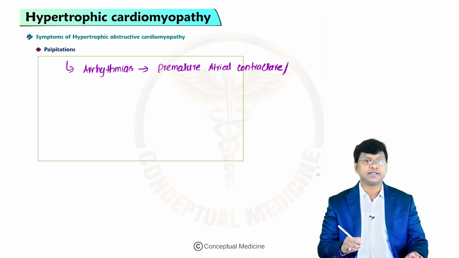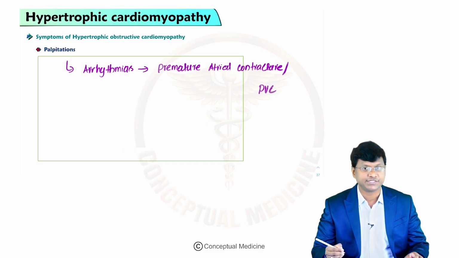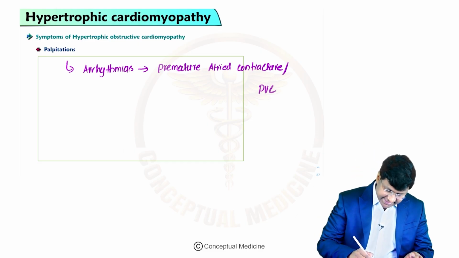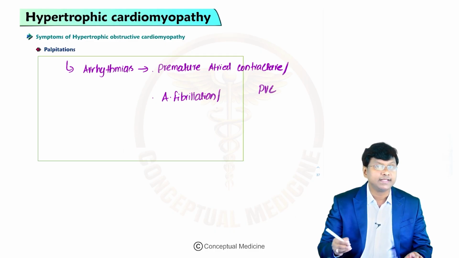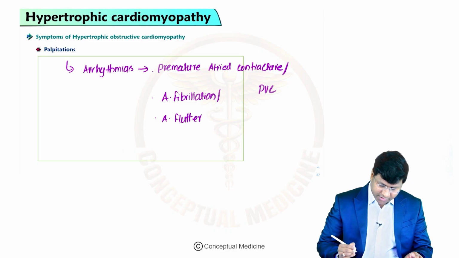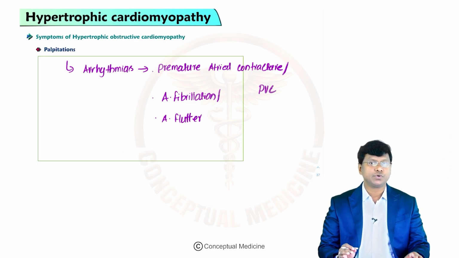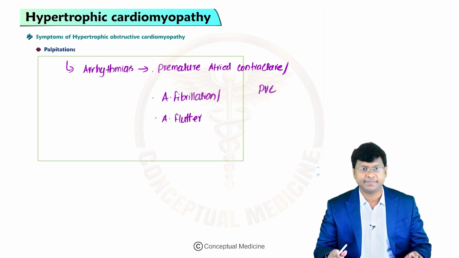These arrhythmias could be premature atrial contractions, premature ventricular contractions, atrial fibrillation, or atrial flutter. So these are the reasons why the individual can develop palpitations.